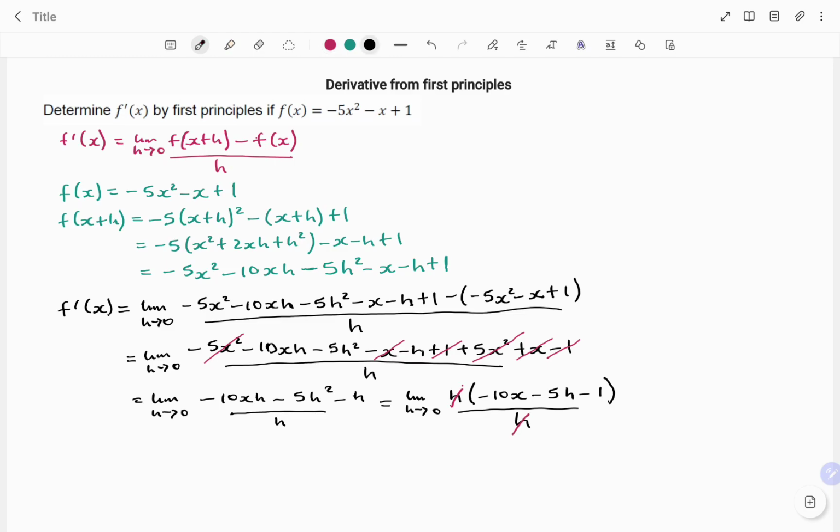I'm left with the limit as h tends to 0 of minus 10x minus 5h minus 1. Note that as h tends to 0, my minus 5h also tends to 0. So therefore, my f prime of x will be minus 10x minus 1.